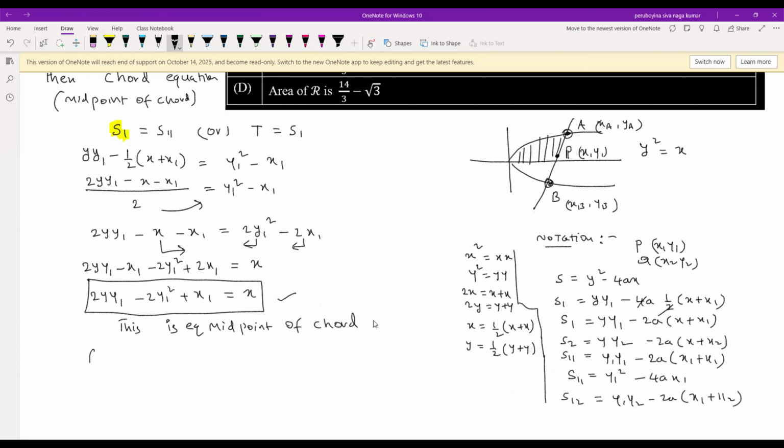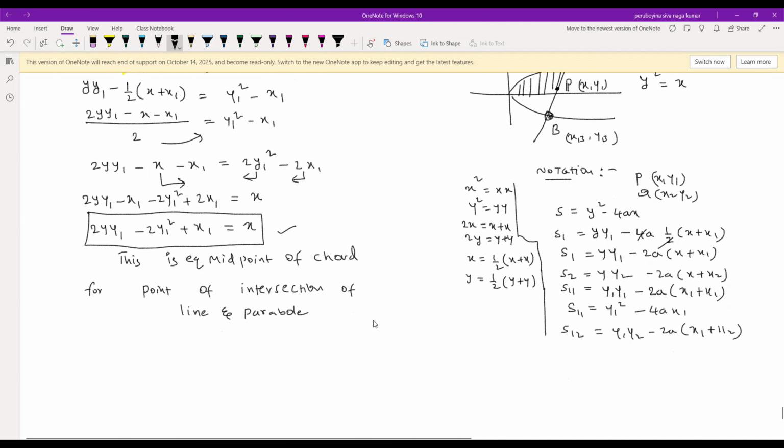So for the point of intersections of line and parabola, the parabola was y square is equal to x, and the line equation was x is equal to 2y y1 minus 2y1 square plus x1. Say it is the first equation and the second equation. Solving 1 and 2.